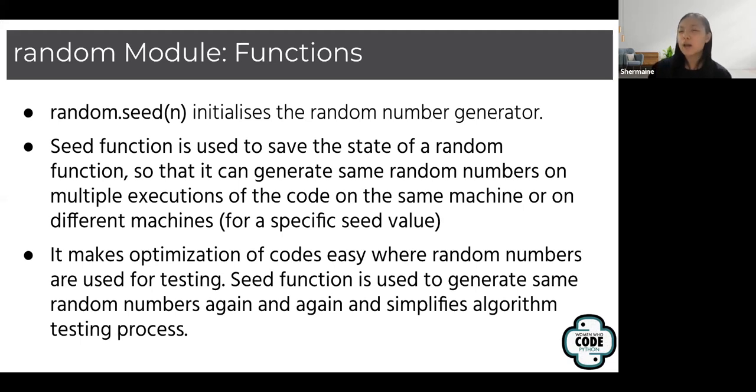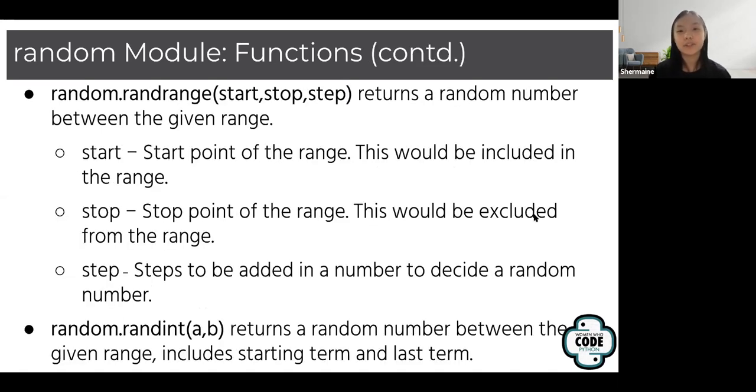This may be quite confusing right now, but we'll try it later and you'll understand it better. What's the use of this? It makes optimization of code easier, where random numbers are used for testing. The seed function is used to generate the same random numbers again and again, and it simplifies the algorithm testing process. So let's move on to other functions.